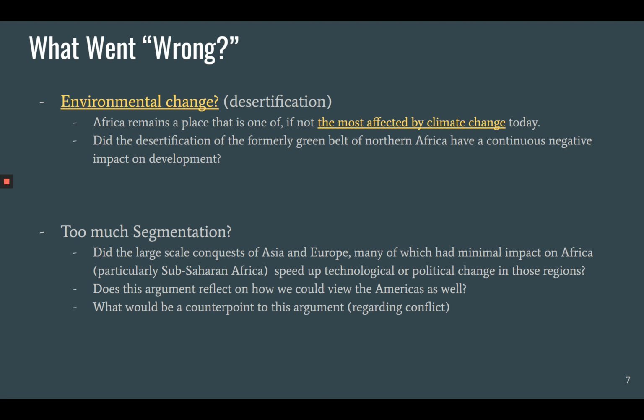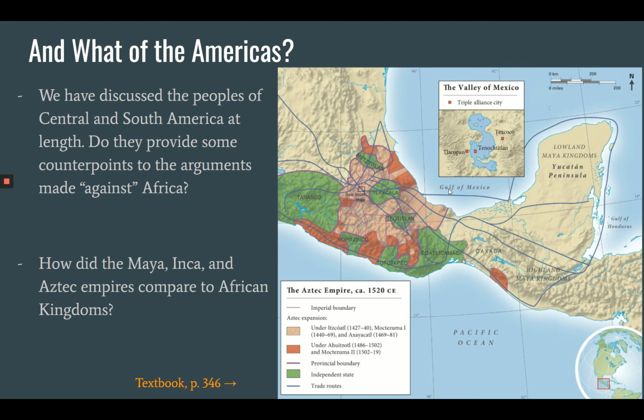And so the counterpoint to this argument, and I'm not going to talk about it for long, is the Americas, in my opinion. And this is just my opinion. We've discussed the peoples of Central and South America at some length. We've talked about the Mayans. We've talked about the Incans and pre-Incans. Less about the Native North Americans, at least not for a while now.